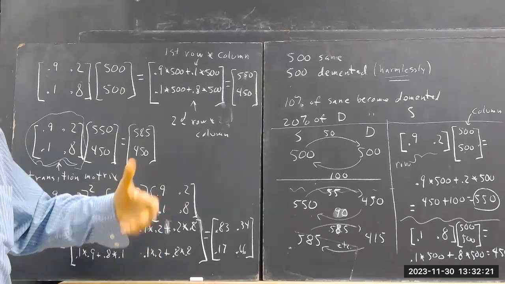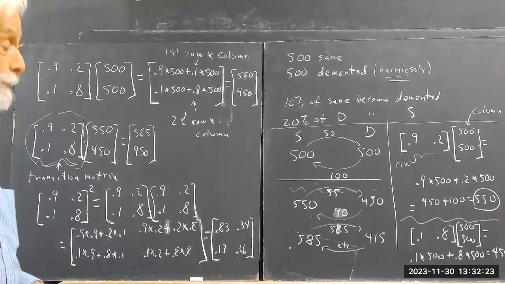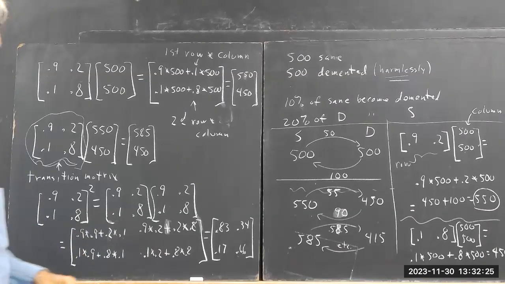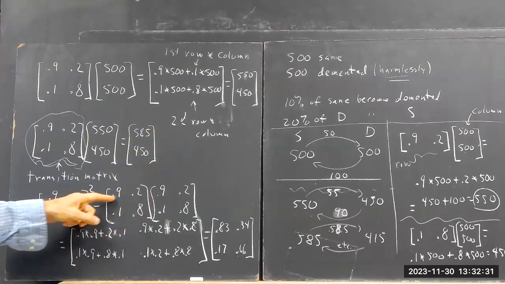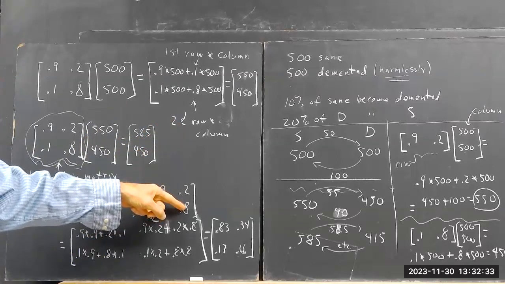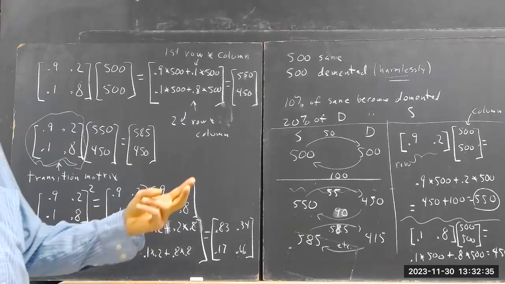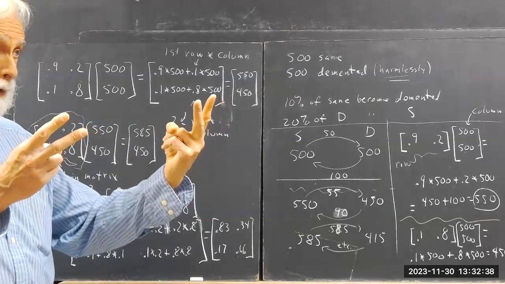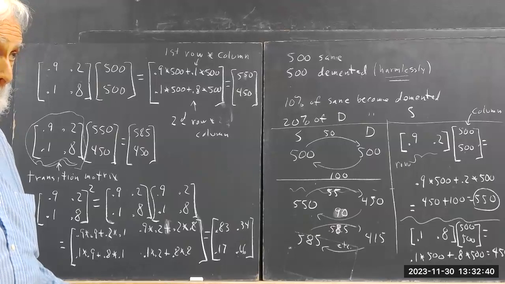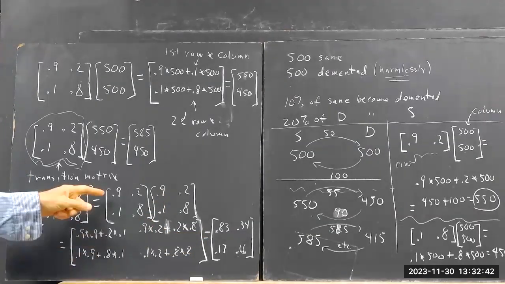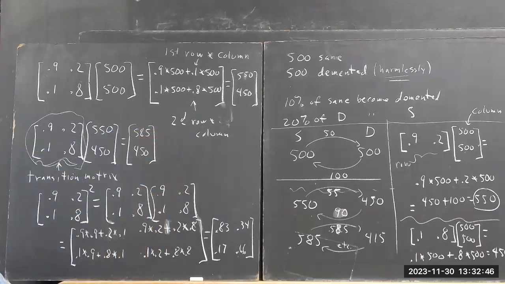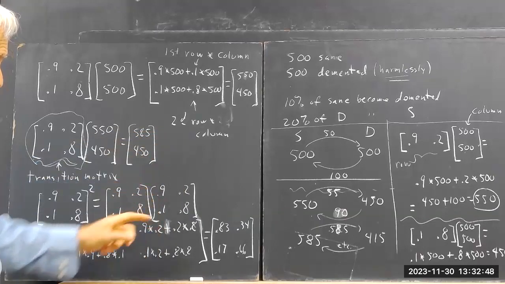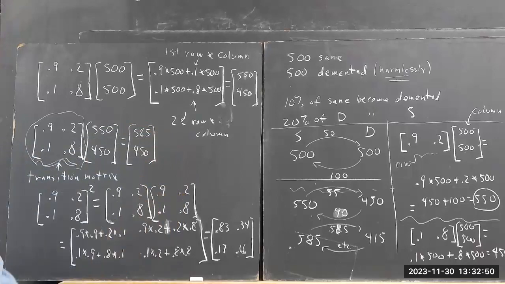Just match up the numbers, multiply them, and add the results. Then we could do row 1 times column 2, or row 2 times column 2, and that's it, right? So let's do row 1 times column 1, then row 1 times column 2, then row 2 times column 1, and row 2 times column 2.